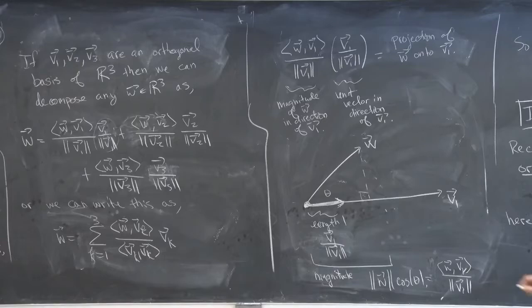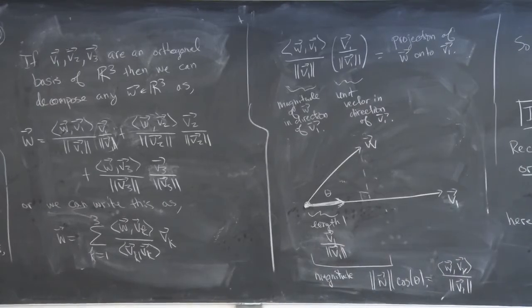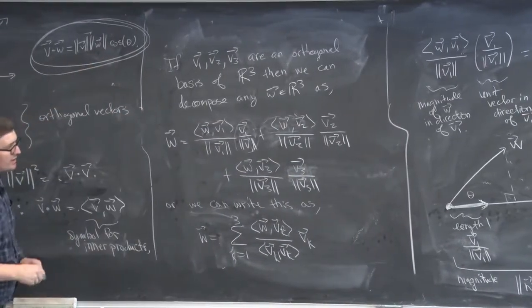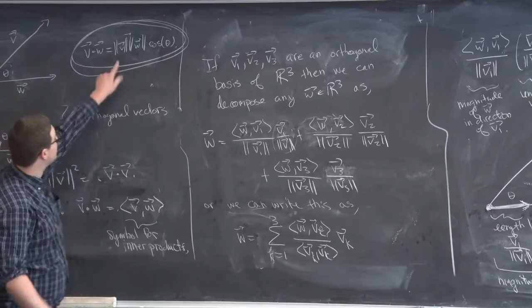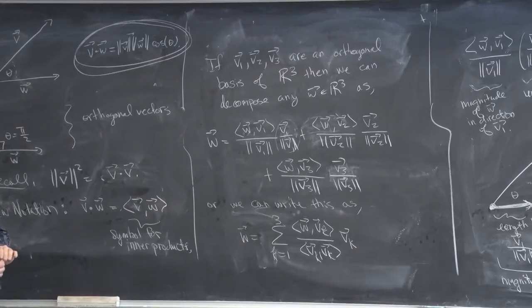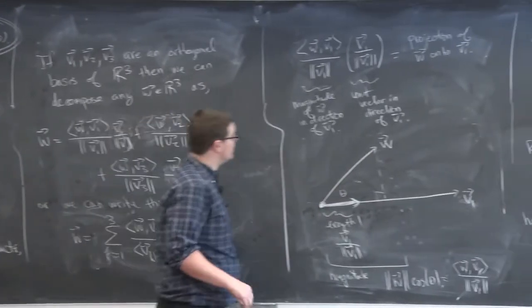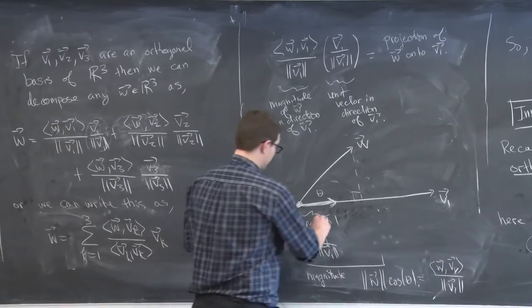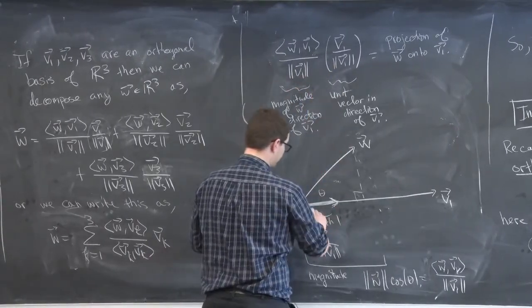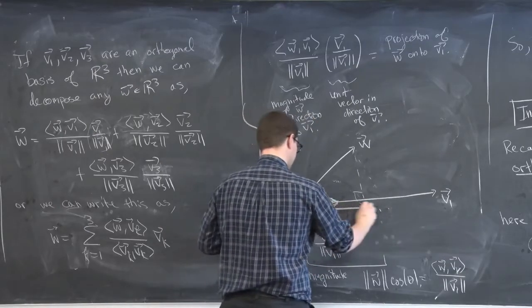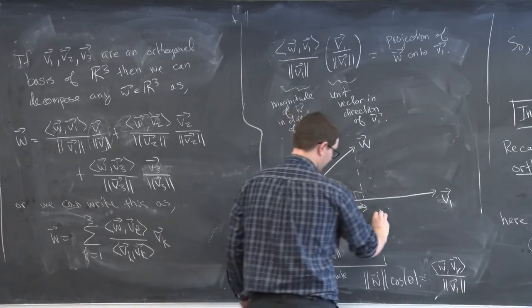You can plug that in, and you'll see that the magnitudes of the V1s cancel, and you'll just get the magnitude of W times cosine theta. So this is the picture. The whole vector here, this thing, is the projection.